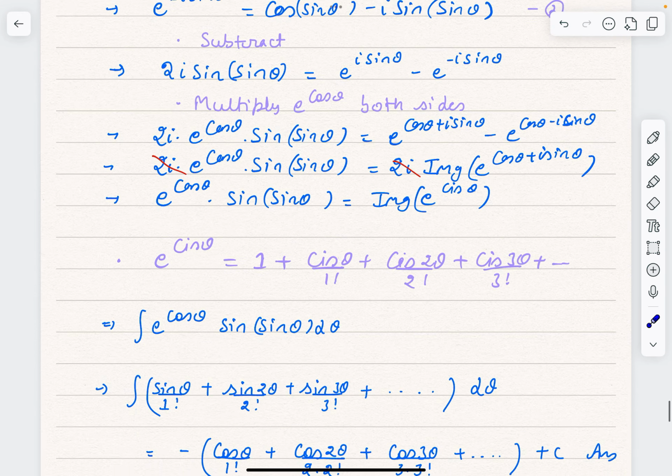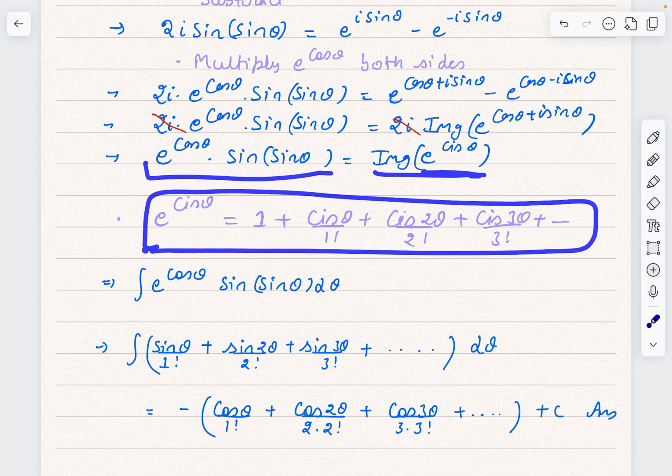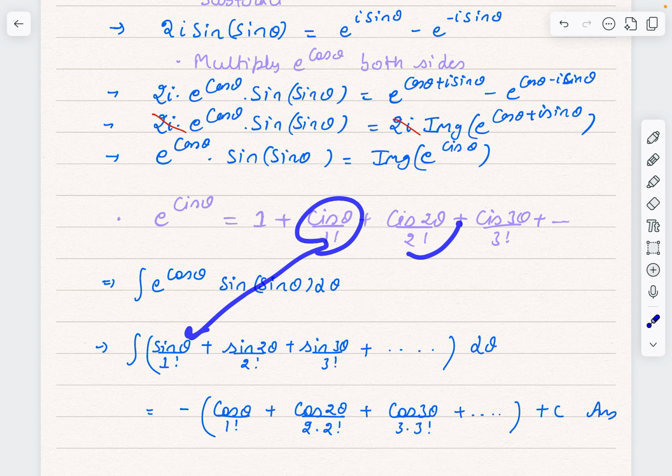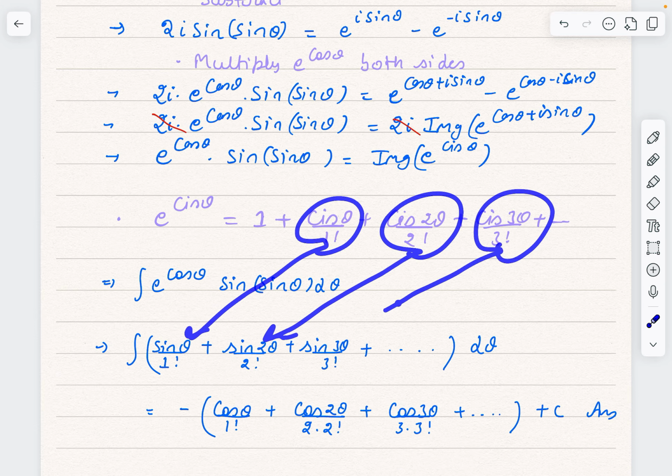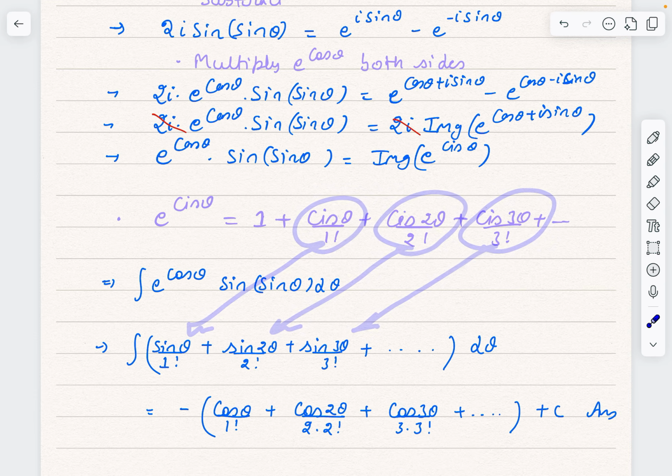Now e power cis theta, its expansion is 1 plus cis theta by 1 factorial, cis 2 theta by 2 factorial, cis 3 theta by 3 factorial, and so on. So its imaginary part will be: sine theta by 1 factorial, sine 2 theta by 2 factorial, sine 3 theta by 3 factorial, and so on.